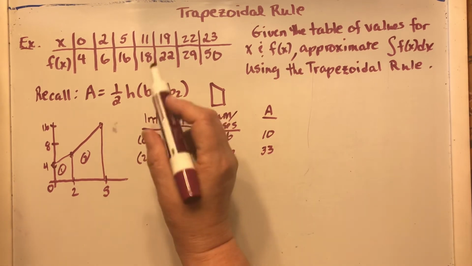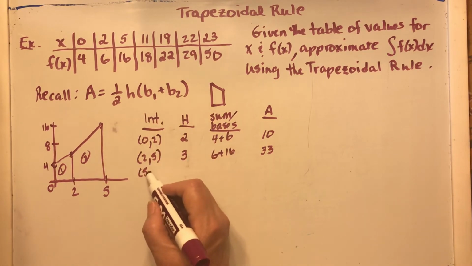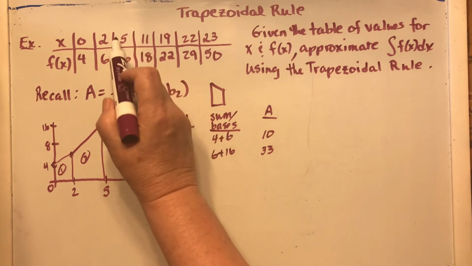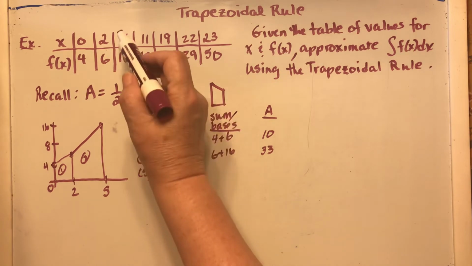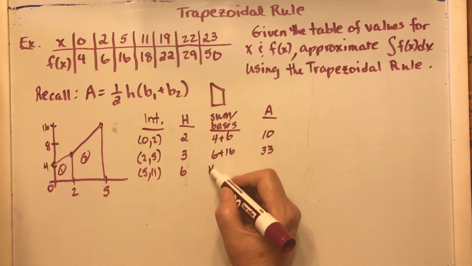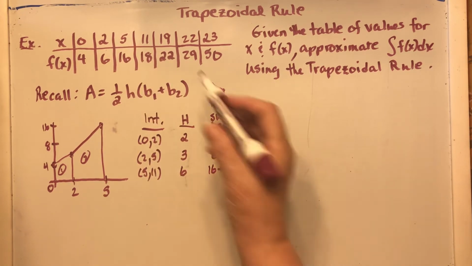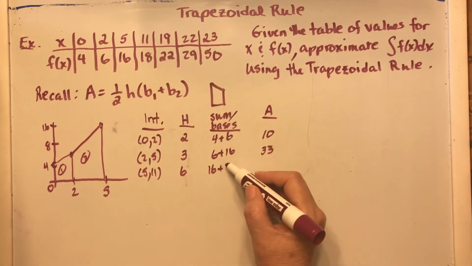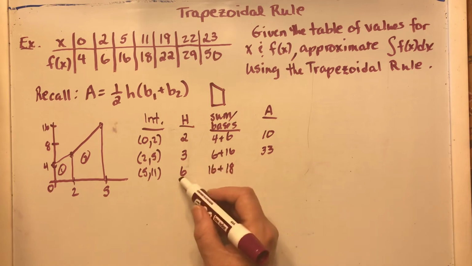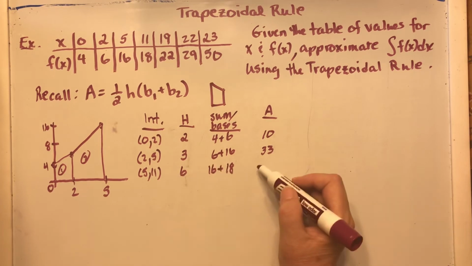Our next interval, and now we don't have this drawn, but we can figure everything out, goes from 5 to 11. Well, that's a distance of 6. The y value at 5 is 16, so that's the height, or actually the base. And then at 11, the y value is 18. So 1/2 of 6 times 34 is 102.